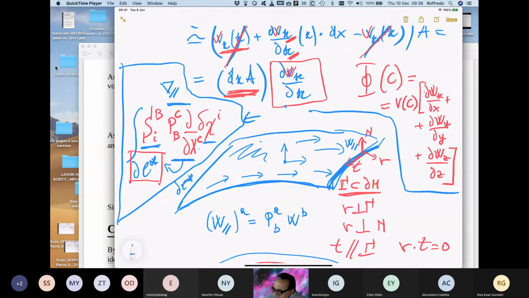So this process continued until Levi-Civita understood how to do this integration by parts.